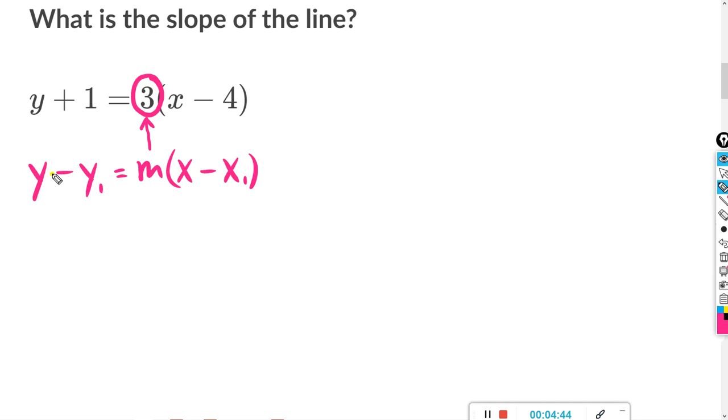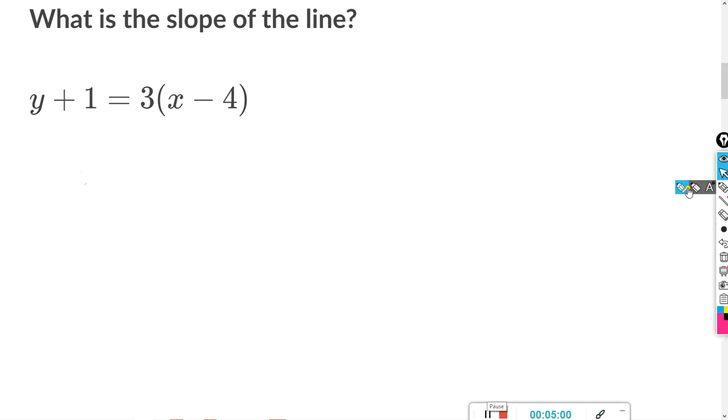Now, if you didn't know this form, you can still use the 2 steps we did in the first problem. Solve for y and then find the number multiplied by x. So I'll show you that method as well. If you actually wanted to solve for y and get this in the form of y equals, I would just subtract 1 from both sides. Okay, and positive 1 and negative 1 cancels.